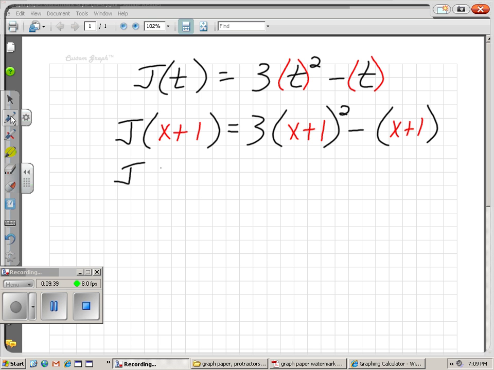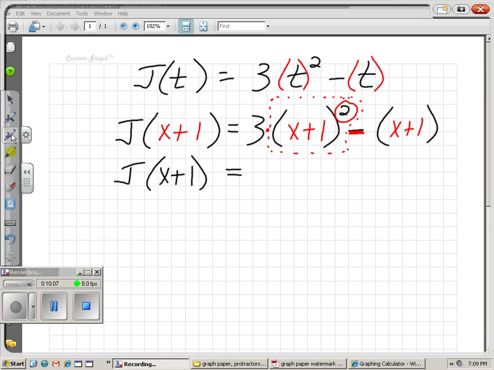So x plus 1, when I run it through the j function, equals, all right, I got some more choices here. I can multiply, I can raise to a power, or I can subtract. PEMDAS, please excuse my dear Aunt Sally. The order of operations says do your exponents first. So we're going to square this parentheses.